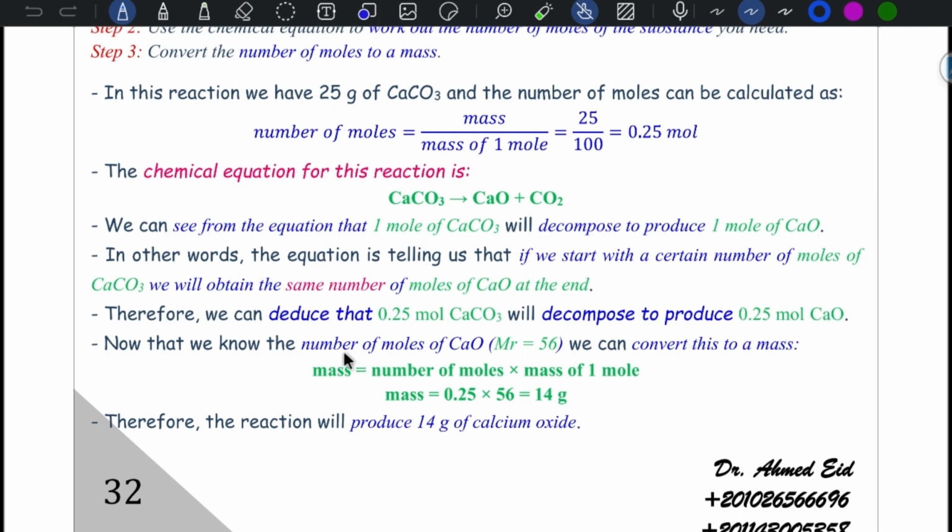The number of moles of calcium oxide will be the same, 0.25, but MR is equal to 56. We can convert it into mass just by multiplying the number of moles by the mass of 1 mole. 0.25 multiplied by 56 gives 14 grams. So the reaction will produce 14 grams of calcium oxide.